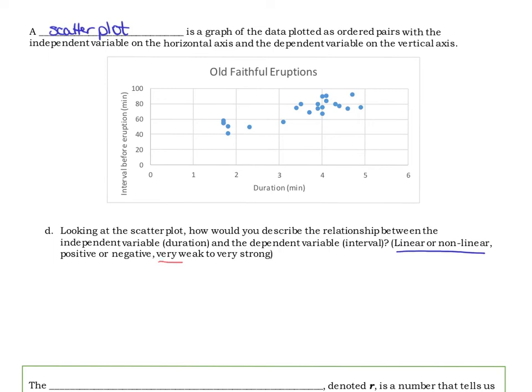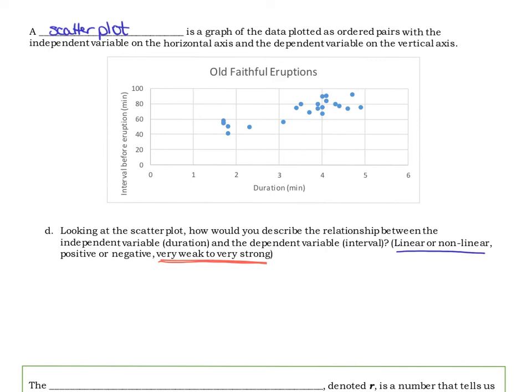Very weak to very strong. Very weak would mean it doesn't look very linear at all. Very strong would mean it looks really, really linear, like all those points are almost in a straight line. I would probably call this one a fairly or moderately strong relationship.